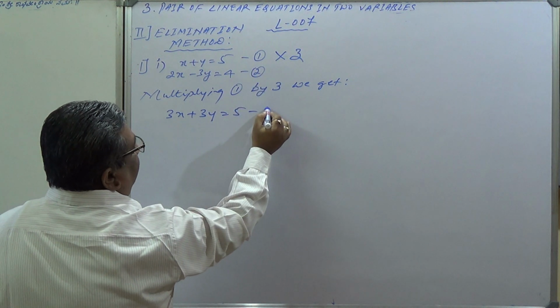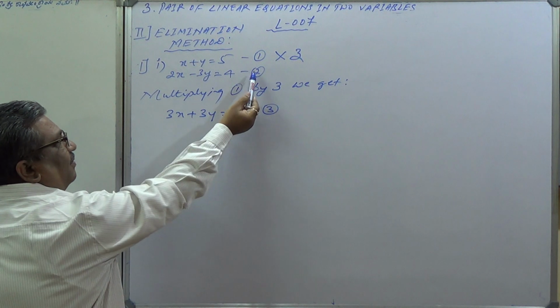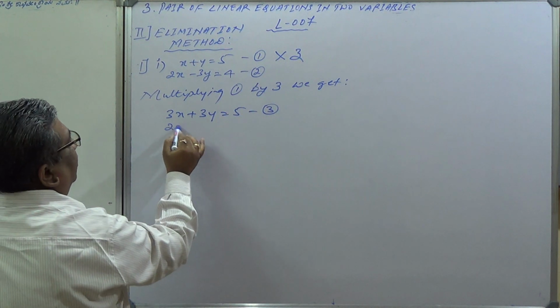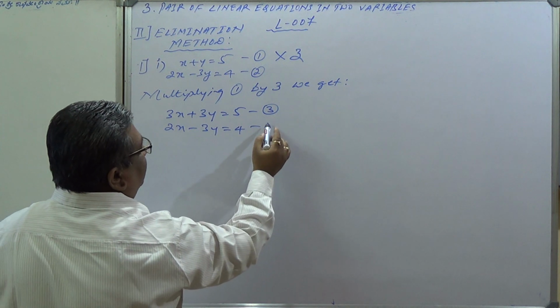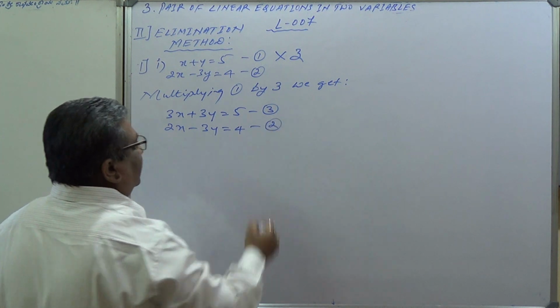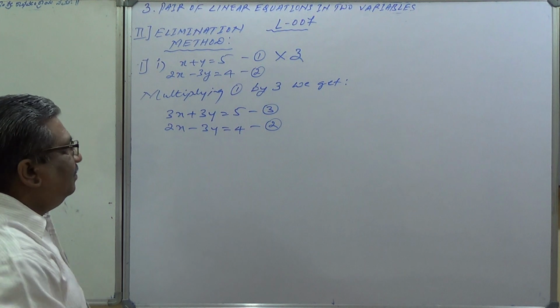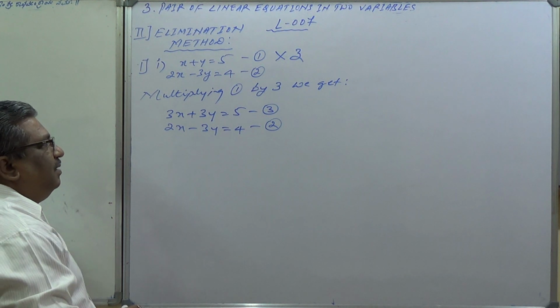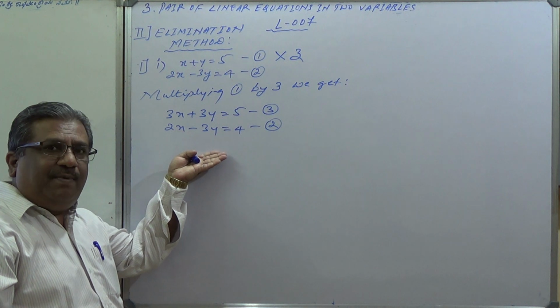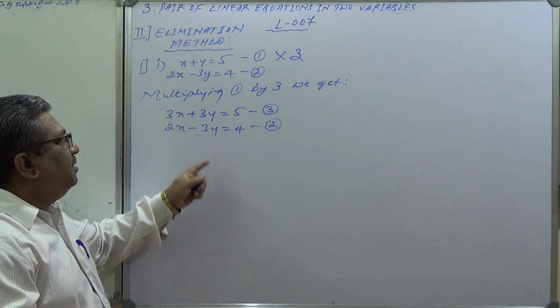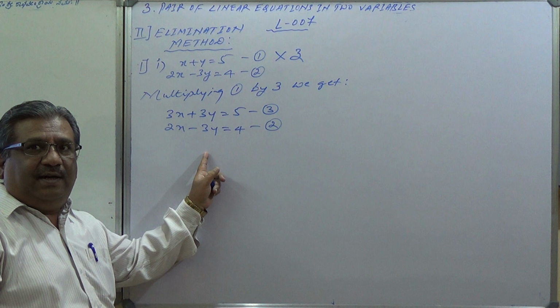This is the third equation. Second equation I retain as it is, 2x minus 3y equals 4. This is second equation as it is, because there is no change in that equation. By simple addition, will I be able to eliminate variable y? Yes, it is possible.